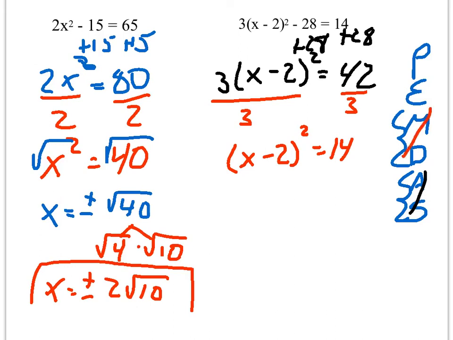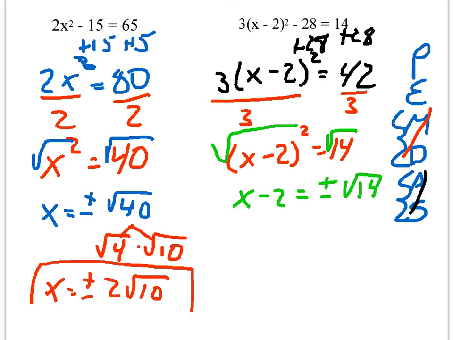Now we can go to work on our exponent. So we can now square root both sides. And we need to take the exponent away. We've got to figuratively pop the top on these parentheses to be able to get in there and work on them. So now the square and the square root are going to get rid of each other. So we have x minus 2 equals plus or minus square root 14.